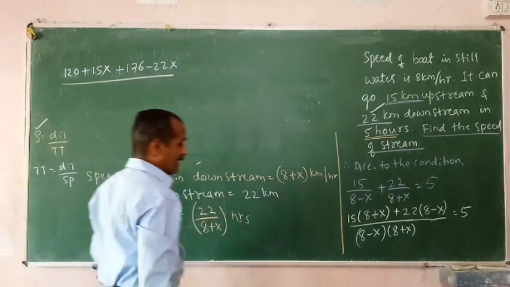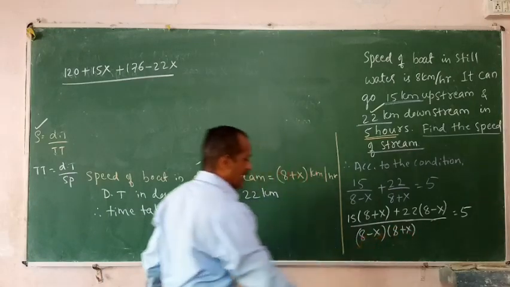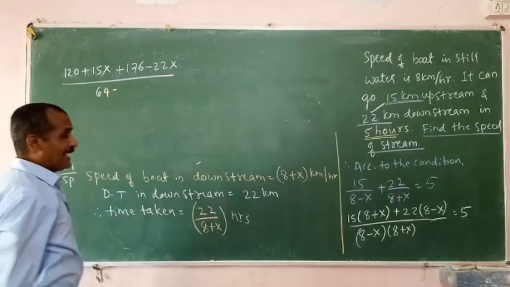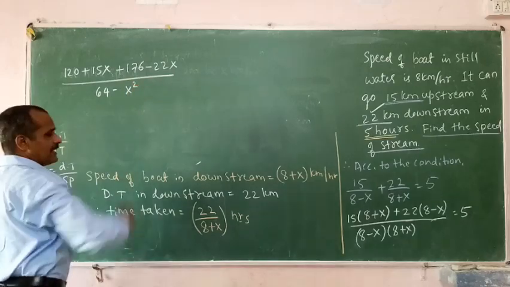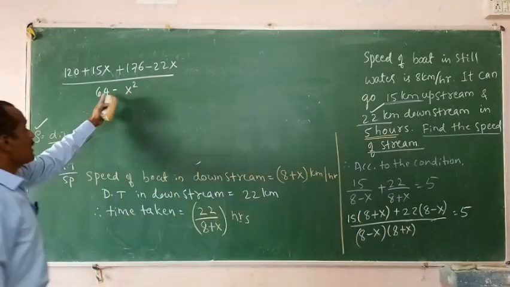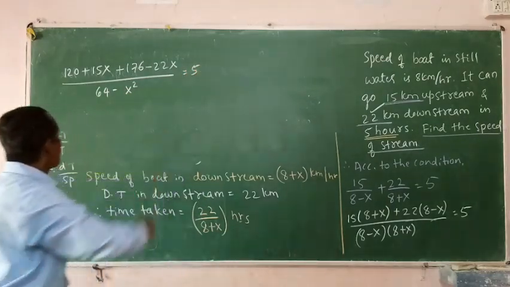Whole divided by a plus b into a minus b, which is a square minus b square. A square is 8 square, 64, minus x square, is equal to 5.